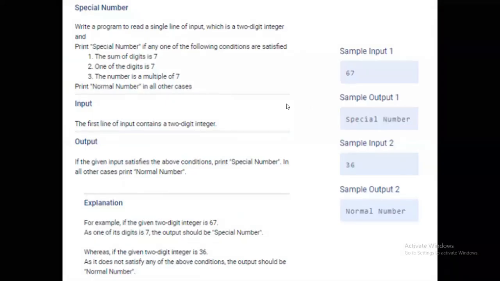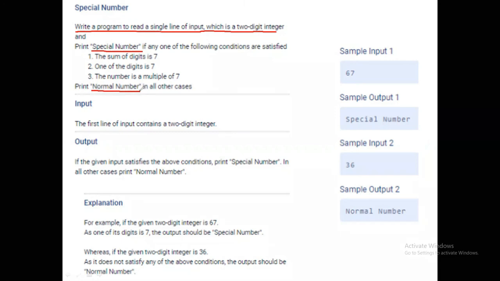So what is the problem here? Special number. Write a program to read a single line of input which is a 2-digit integer. Now we are going to print special number or normal number. So we got 2 cases.